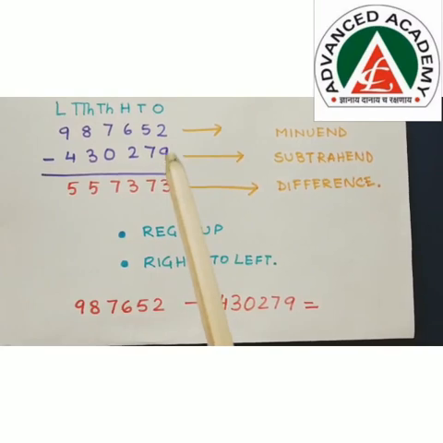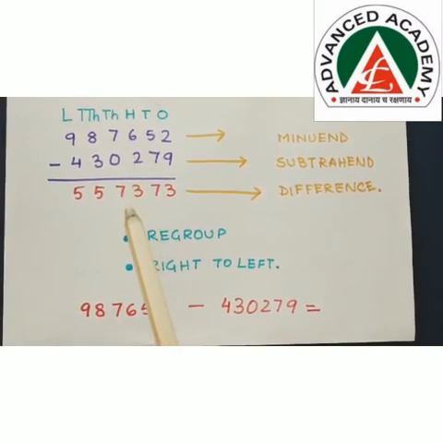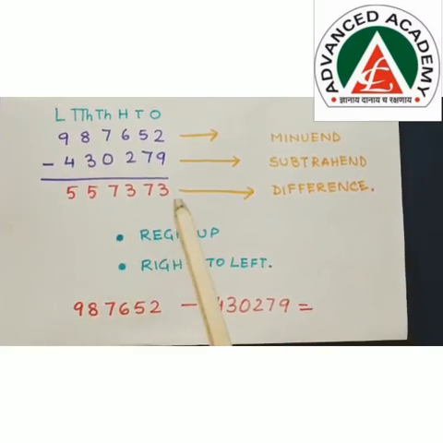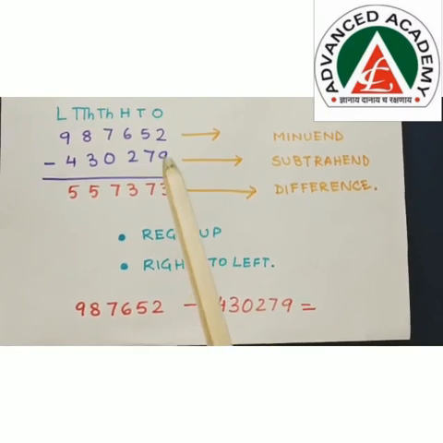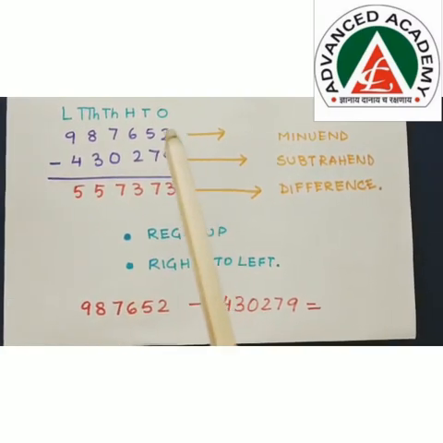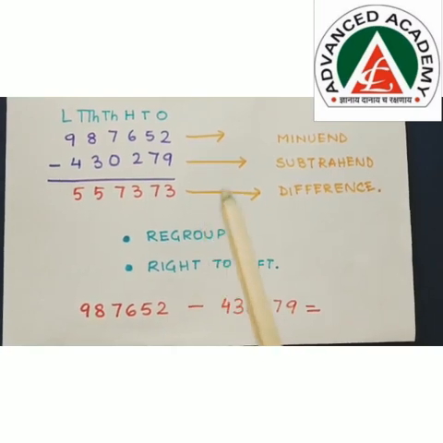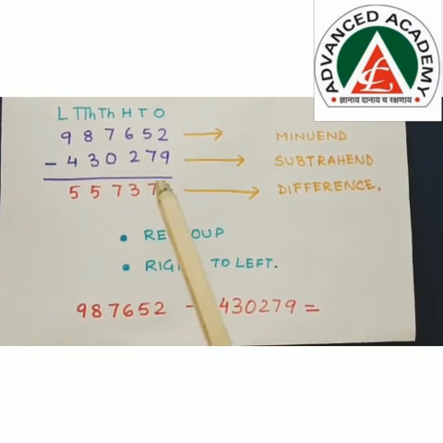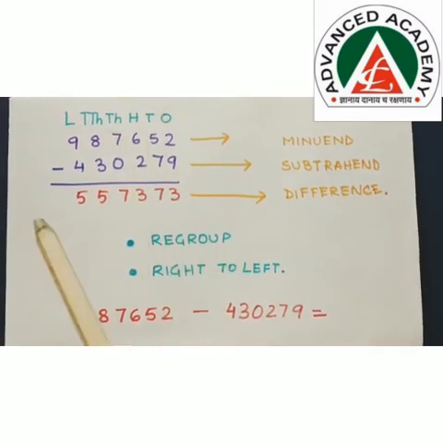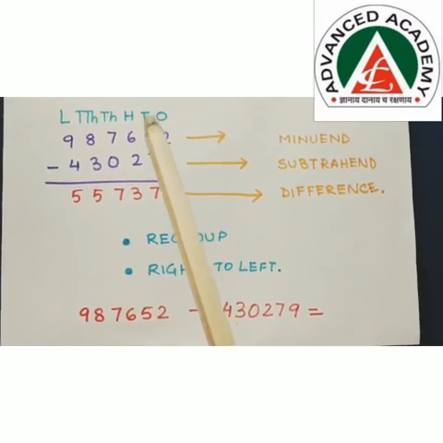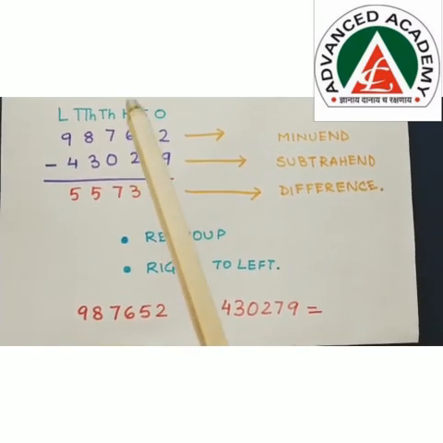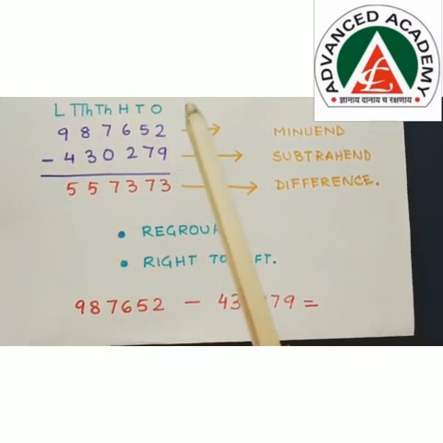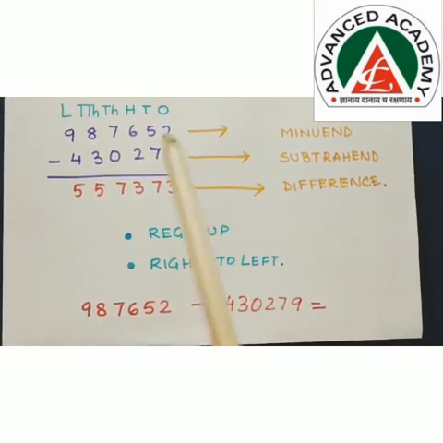Just have to see that they are in their right place, position. And the answer which we get is the difference. Once we have regrouped the numbers, what are we supposed to do? We are supposed to subtract. From where? We have to again start from right to left, from ones, then tens, then hundreds, thousands, 10,000s and lakhs. We have to start from right to left.